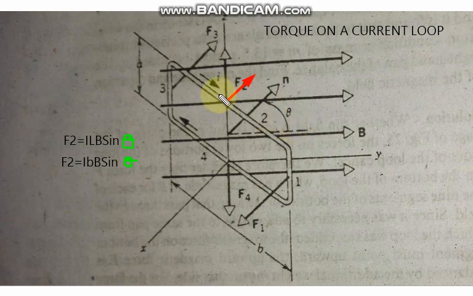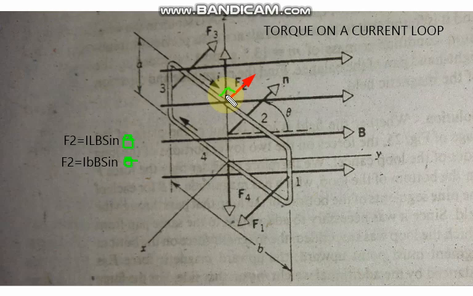is 90. Okay, let me make it clear. Now what is this? This is the angle between the unit normal n and the side b.